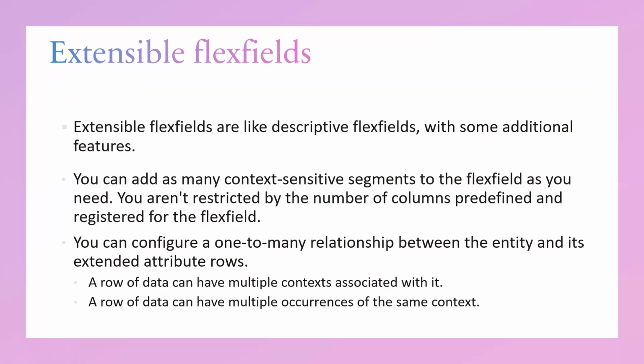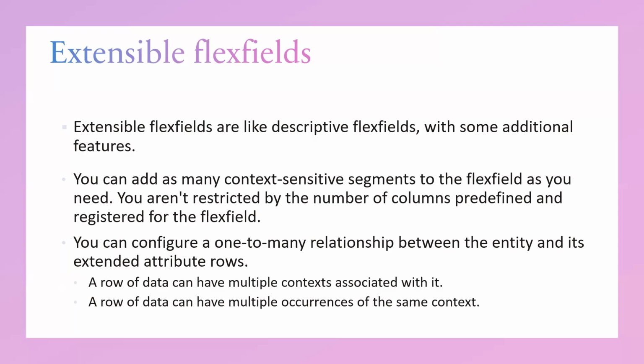Let's say employee job and employee name. If you select the job, then the related employees will be populated. Under the job, how many employees are available? Employee A is available, and you can pick it. Like that, if you want to create some hierarchy level, like parent values and child values, you can create extensible flex fields.